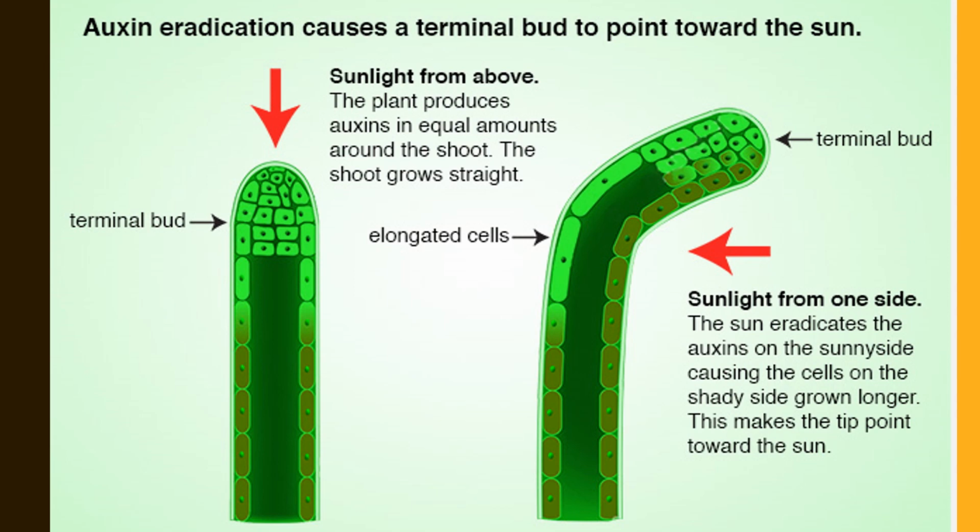And the other side, the shady side, is not getting sunlight, but auxin production takes place there. So that makes the cells of that side grow longer. Lengthening or elongation of cells takes place, which makes the tip of the bud bend towards the sun. This is the reason why sunflower bends towards the sun.